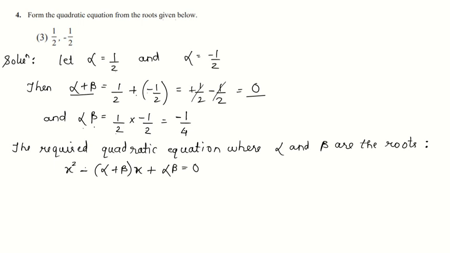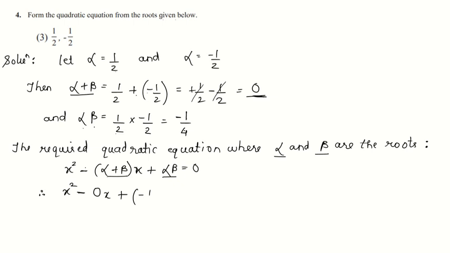Therefore, the required quadratic equation where alpha and beta are the roots is x square minus (alpha plus beta) x plus alpha into beta is equal to 0. As we have the values for alpha plus beta and alpha into beta, we can write x square minus, what is alpha plus beta? We have alpha plus beta is equal to 0, x plus, what is alpha into beta?